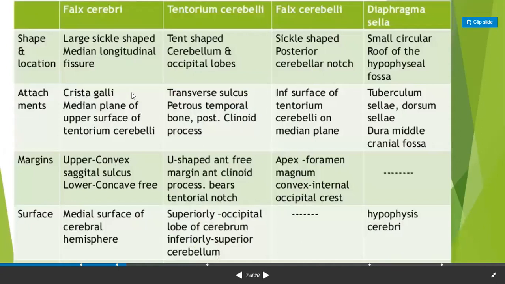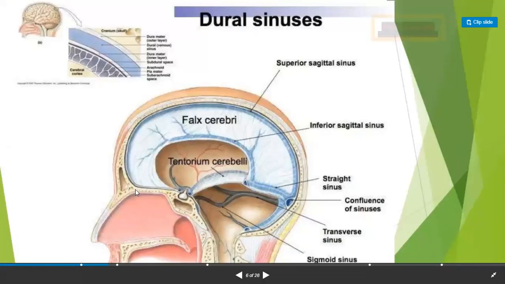Anteriorly it is attached to the crista galli, and posteriorly to the median plane of the upper surface of the tentorium cerebelli. This I have shown you, isn't it? Anteriorly, this point you call the crista galli.